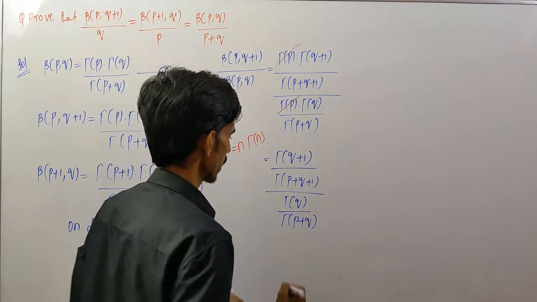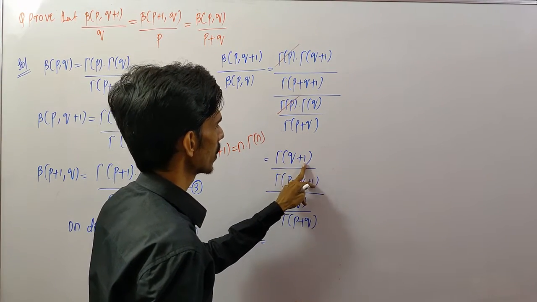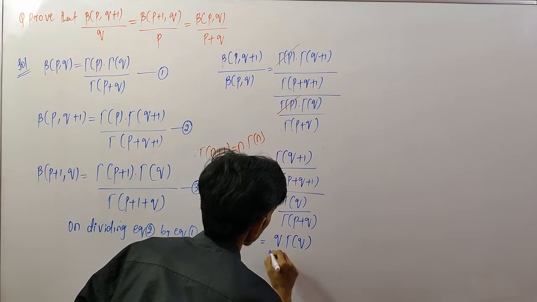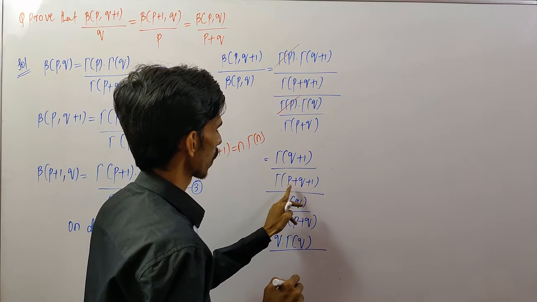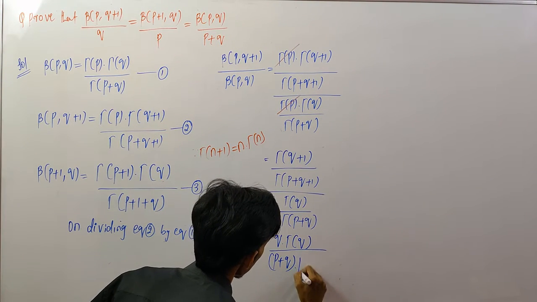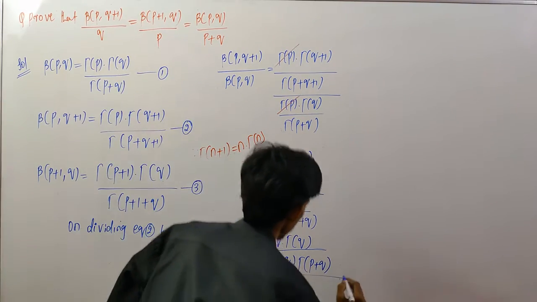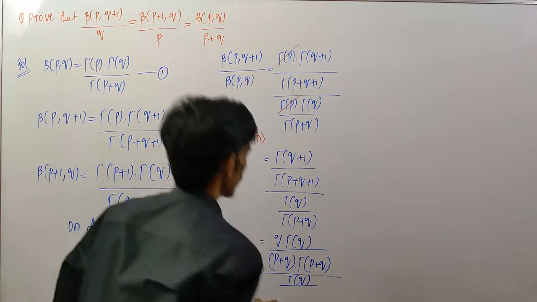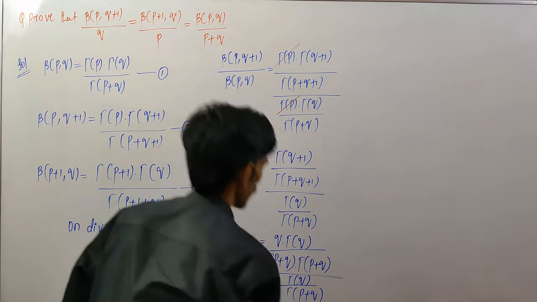So applying that concept here, we have gamma of q plus 1. Leave this one, write down q gamma q, divided by, treat this p plus q as n, so write down p plus q into gamma of p plus q, divided by gamma q divided by gamma p plus q.